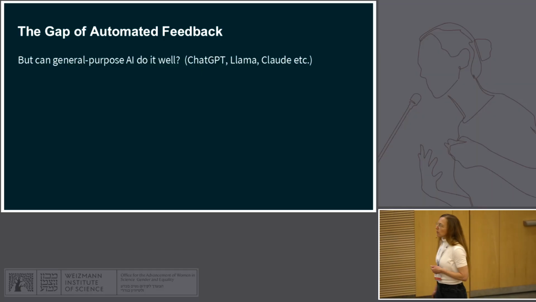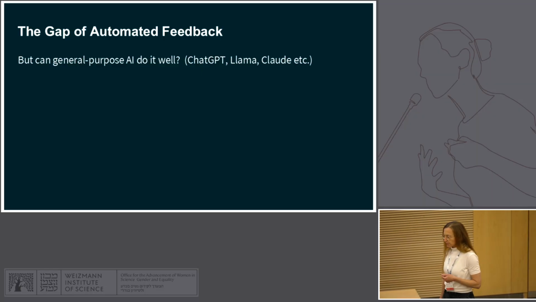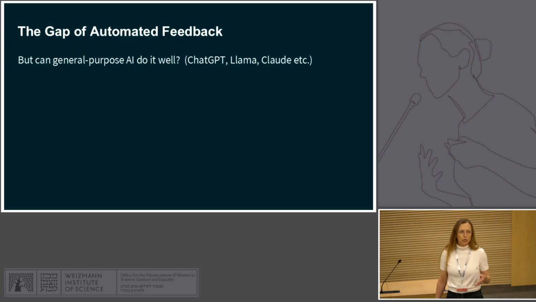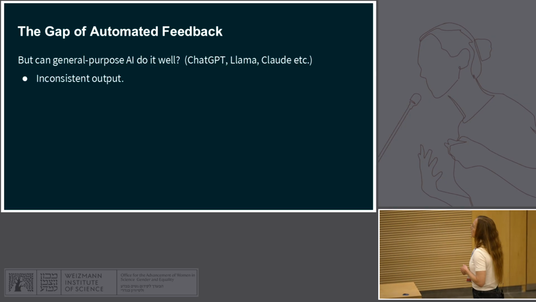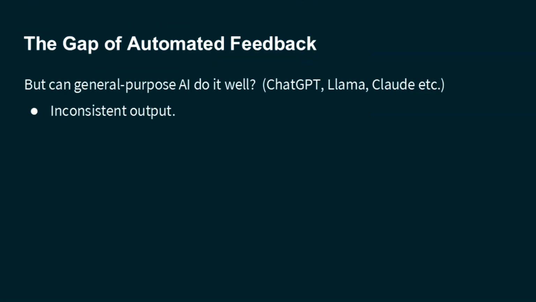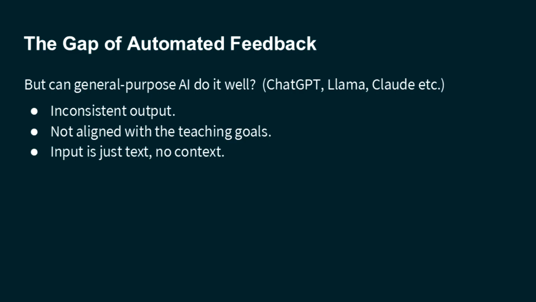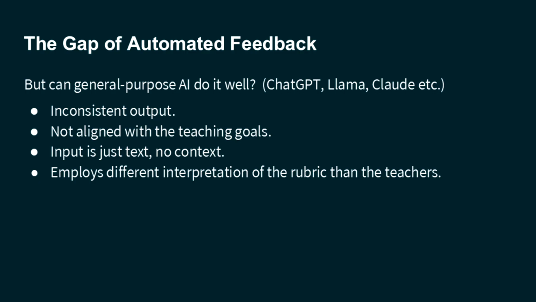But can general-purpose AI do it well? Models like ChatGPT, Claude, Llama, we all know the buzz. The problem is their output is inconsistent. They are not aligned with the teaching goals. The input is just text with no additional context.